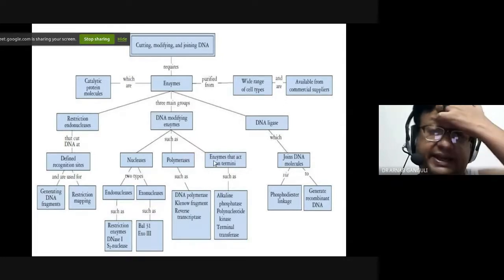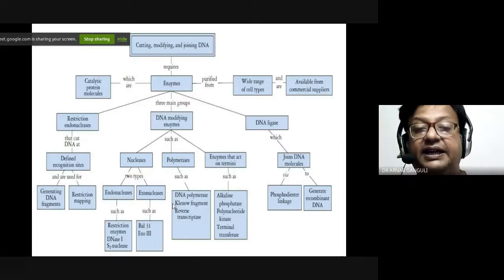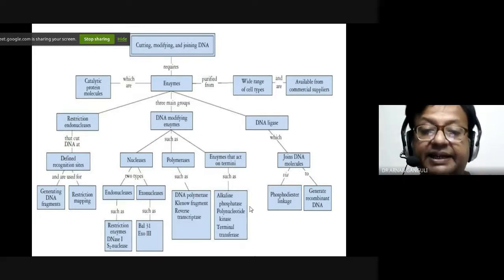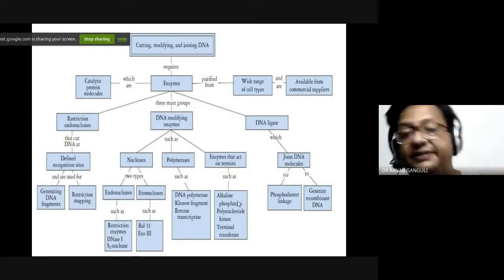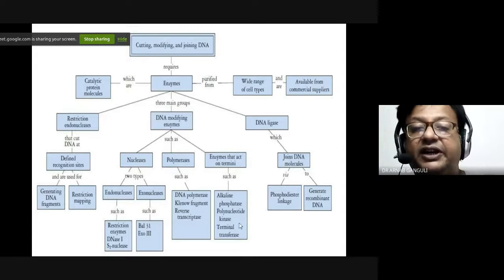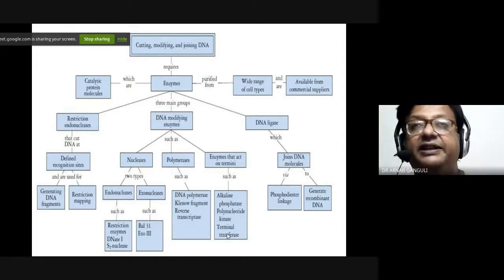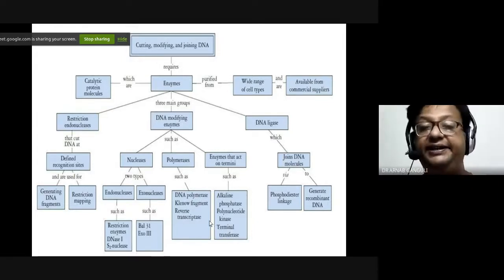Then you have polymerases such as DNA polymerase for DNA replication, Klenow fragment, and reverse transcriptase. These are polymerases. And you have enzymes which act on termini, the 5 prime and 3 prime ends. For example, alkaline phosphatase removes the 5 prime phosphate. Polynucleotide kinase phosphorylates, and terminal transferase keeps on adding T towards the end.